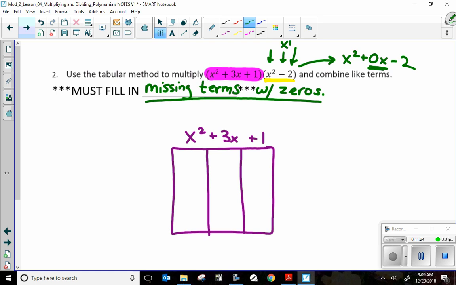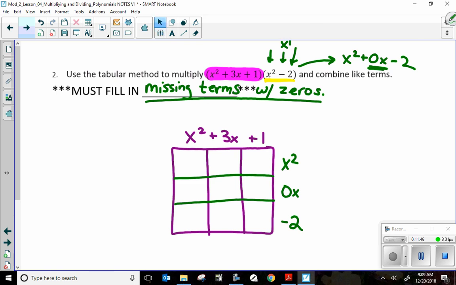Okay, so I have x squared, 0x, and minus 2. So I have 3 rows. Again, if I did not do that, it would not line up. That does not only count for multiplication, but when we move into division, that is huge as well. Okay, so let's do this quickly.